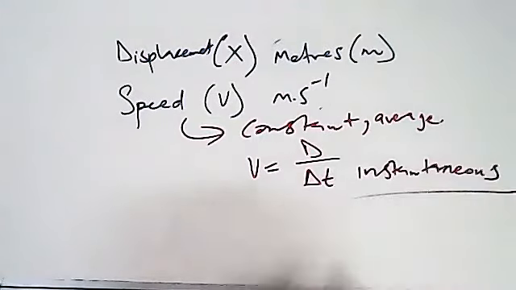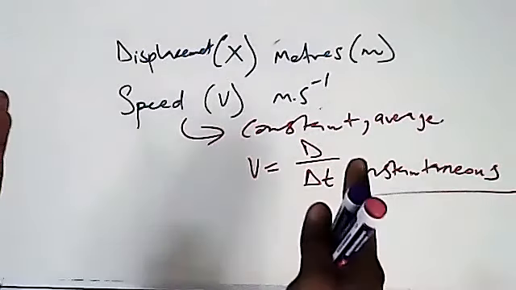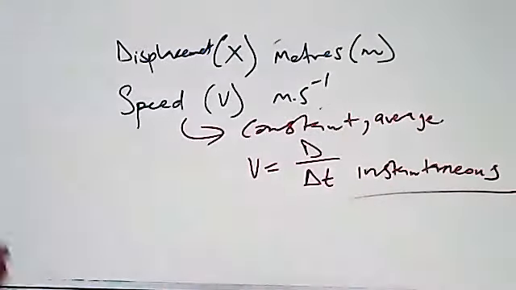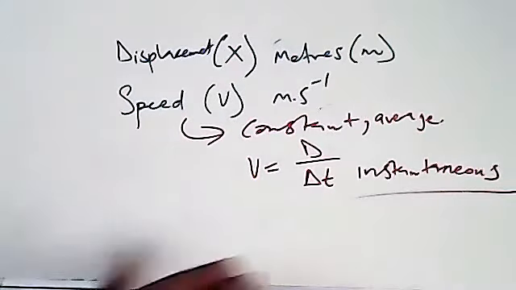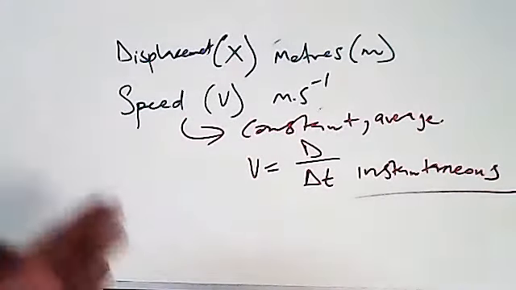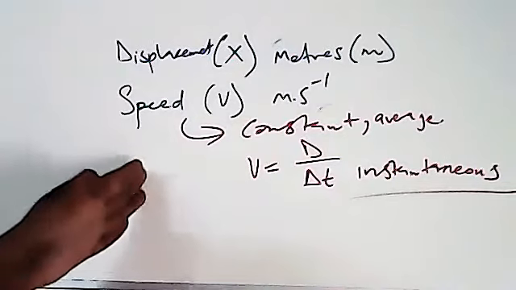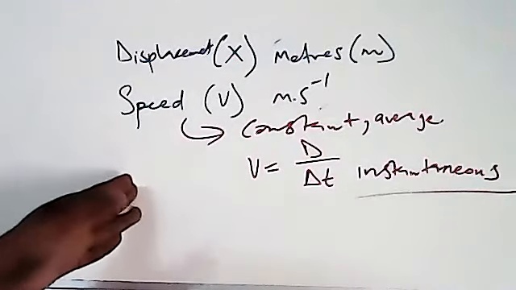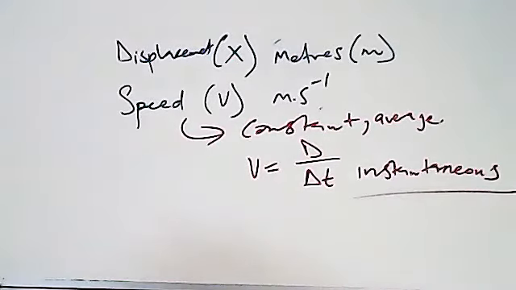Instantaneous simply means the speed of the object at a specific moment in time. Remember, constant, we said after a certain amount of time. Average, we said the total time. And with instantaneous, we mean when we say the speed at 3 seconds, we are being specific. That is the instantaneous speed.